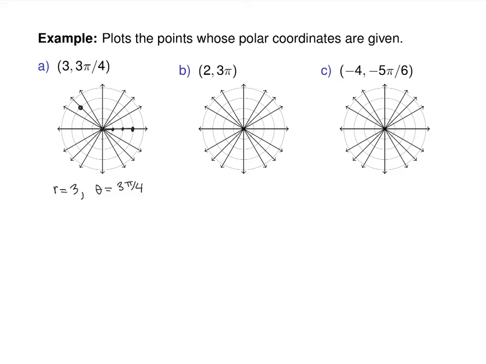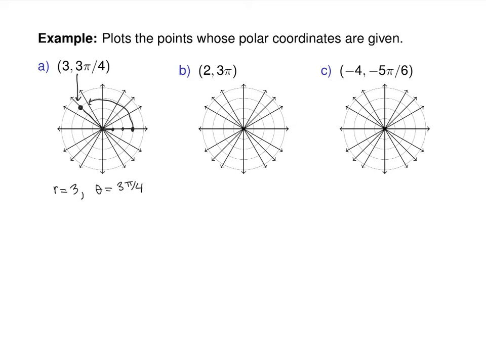So that's where the point 3, 3 pi quarters is. It's been rotated 3 pi quarters from the original position, and the distance from the origin to the point is 3. And these little circles are all the points that are distance of 1 away, all the points that are distance of 2 away, etc. It just makes graphing these points a bit easier.